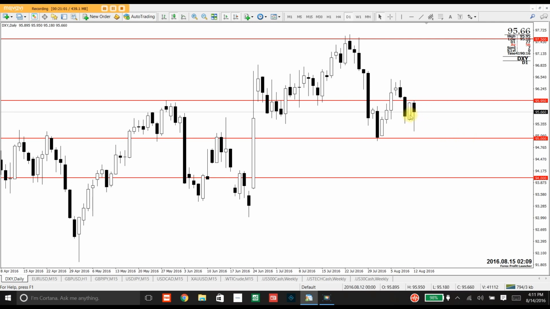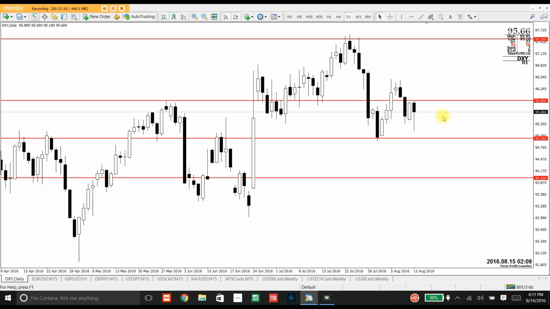I'm expecting a bearish outlook for the early part of next week, maybe busting through the 95 level and then continuing down to the 94 level and even maybe the 93 level. So as far as outlook for next week, I'm expecting bearish activity to unfold in the dollar.